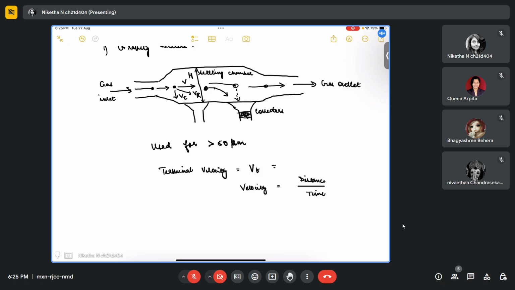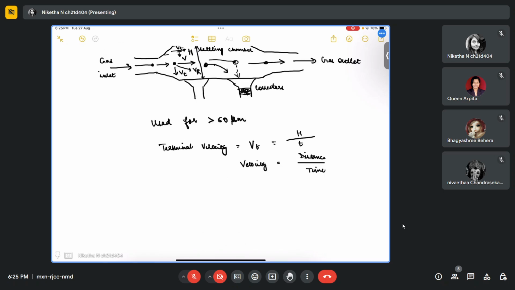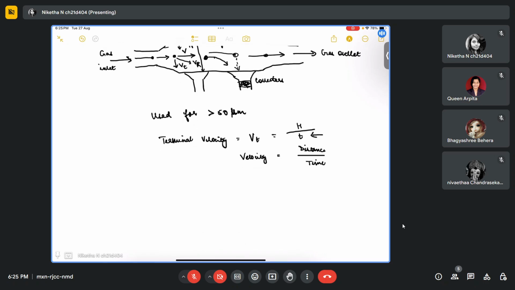If you have a particle coming in and you want to find the Vt of the particle, then the distance traveled is going to be the height of the chamber h. Now that is going to be divided by time t. The time t here is called the settling time.